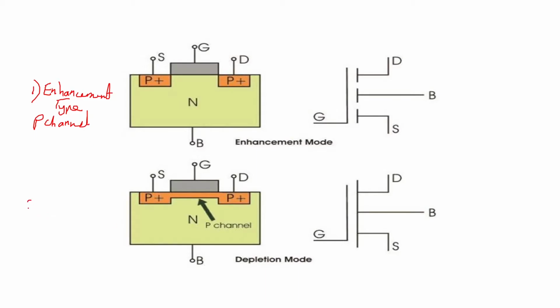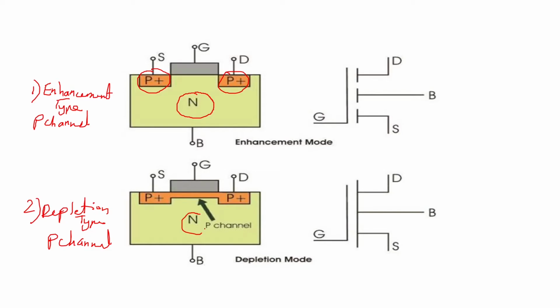And the second one you can see is depletion type, P channel. Now in P channel, what happens? The body, which is lightly doped, will be of N type semiconductor, and source and drain will be of P type semiconductor. Similarly here, the body will be of N type semiconductor and source and drain will be of P type semiconductor.